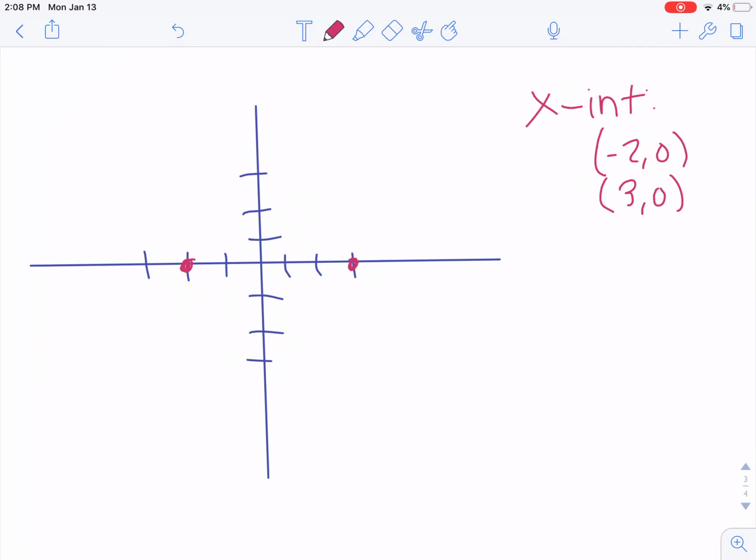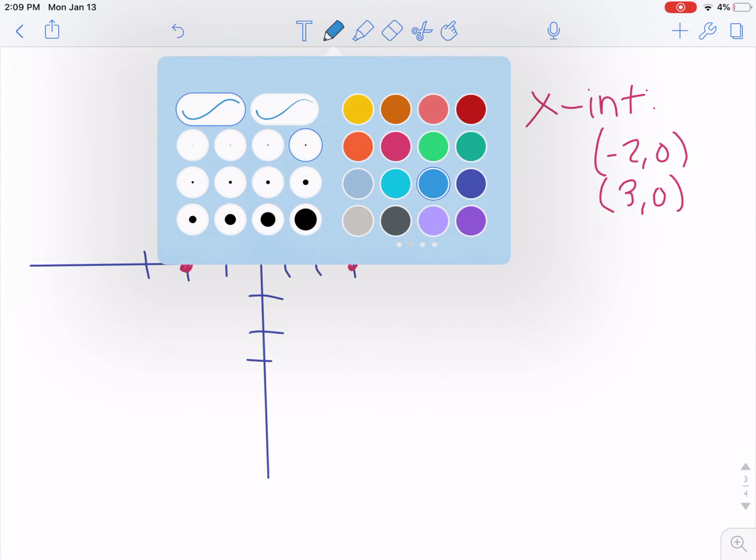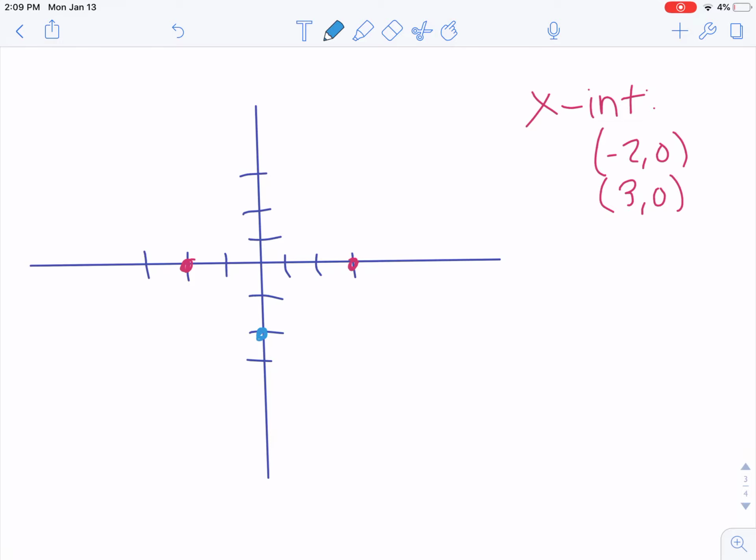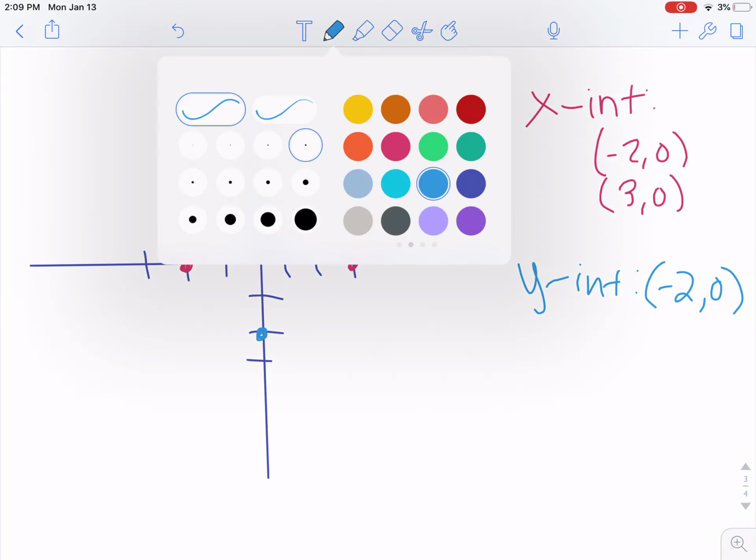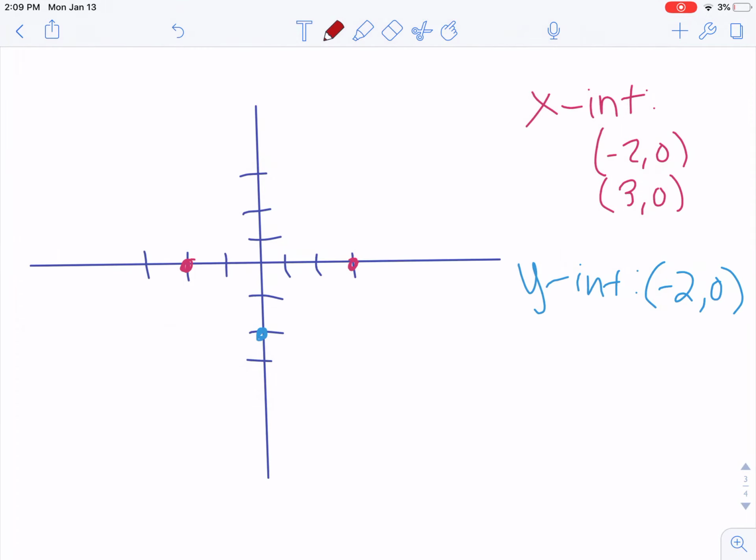And I have a y-intercept at (0, -2). And it tells me that I have vertical asymptotes at x equals -1 and x equals 2.